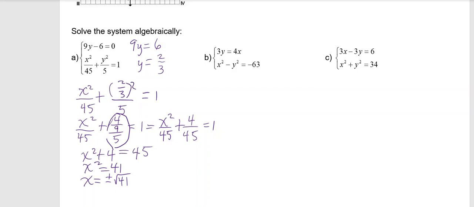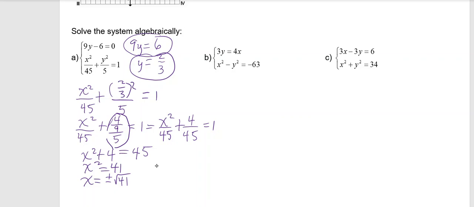I only have to figure out what y is. Oh, y equals 2/3. Oh, come on. My brain's not functioning. Y equals 2/3 no matter what x is.